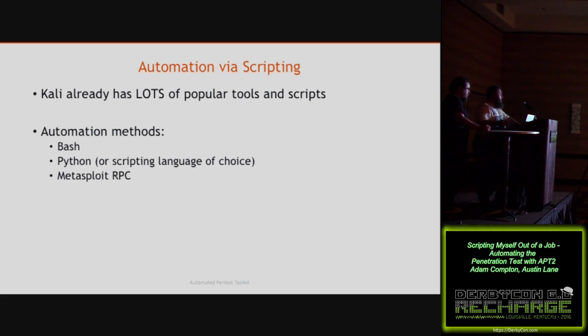So you want to automate some of your stuff. As Austin mentioned before, there's lots of different ways. You have Bash, you have any of your scripting languages. But also keep in mind, a lot of these other tools have their own API interfaces. A lot of vulnerability scanners have RESTful APIs that you interface with. Metasploit has the MSGRPC interface you can use, and any number of other things.